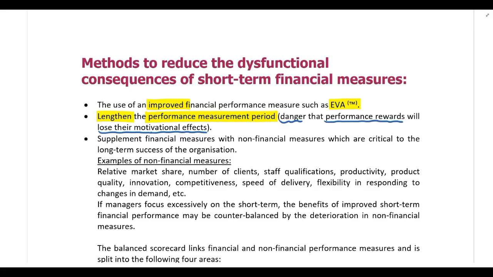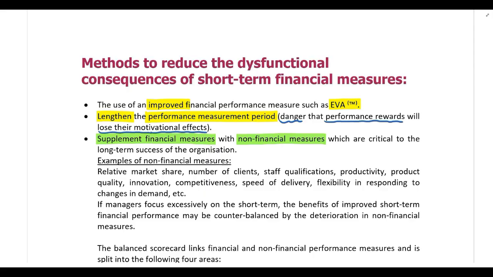Then another way that we can make sure managers don't only focus on short-term profits, but they also look at what's in the best interest of the company in the long term is by supplementing financial measures with non-financial measures. So in other words, when we are setting targets, we don't only have financial targets that need to be achieved. So we don't only look at return on investment, residual income, EVA. Those are all financial targets. Instead, we also have non-financial measures that need to be achieved.